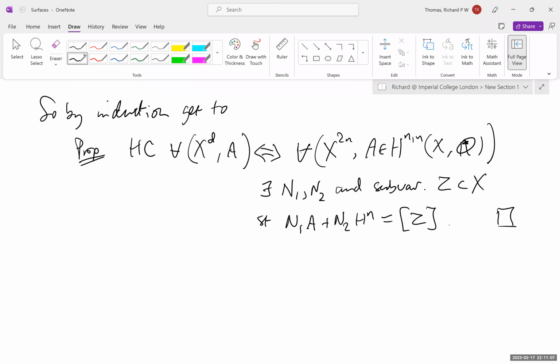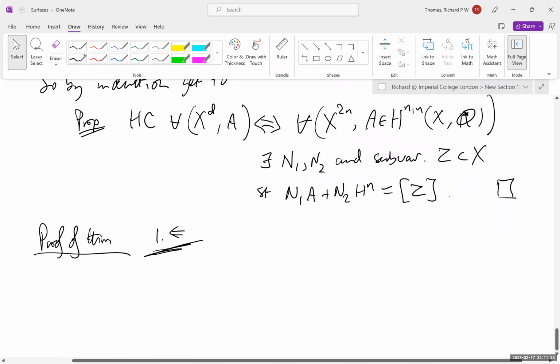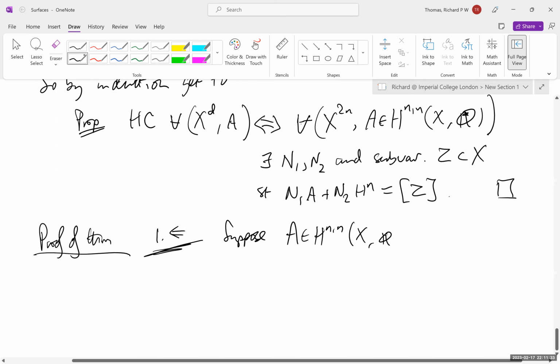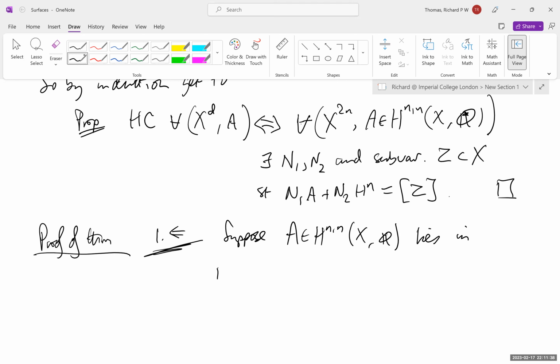Okay, so now we're ready to go to the proof of the main theorem. So firstly, I'll do this direction. Okay, so what do I have to do? I have to suppose this Hodge class in the middle dimension of some even dimensional variety lies in the image of the homology of some divisor.